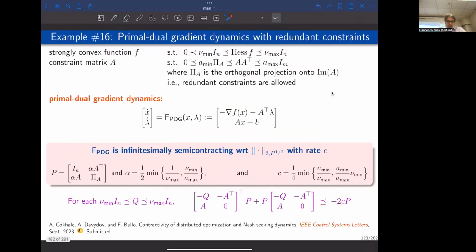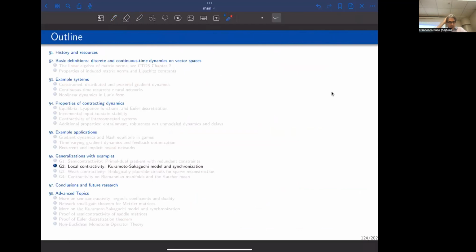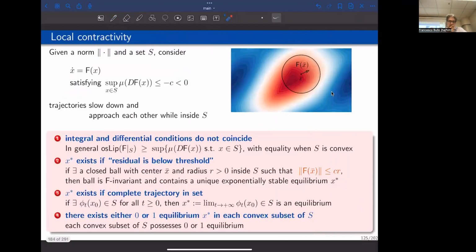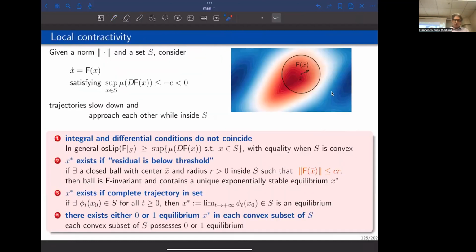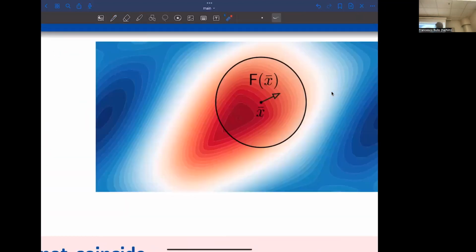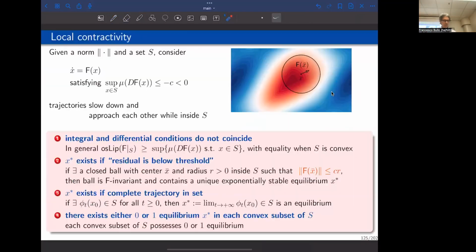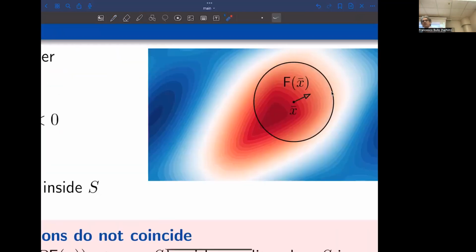This is the primal dual case, which you have already seen. Why don't I just show you? So this is the picture, right? I have a convex region where, right now, let's not worry about the semi-contractivity part. So remove the symmetry, forget about the Kuramoto coupled oscillators.